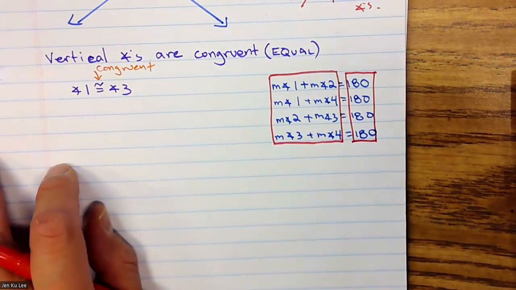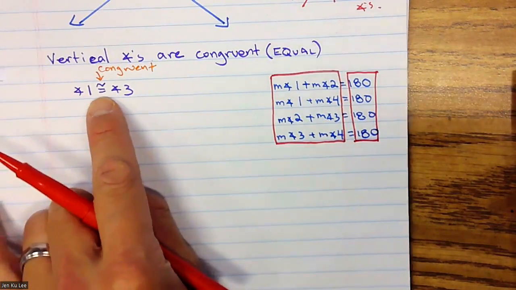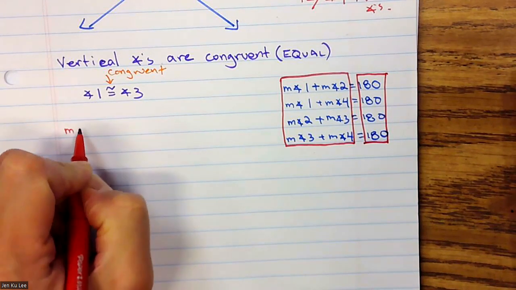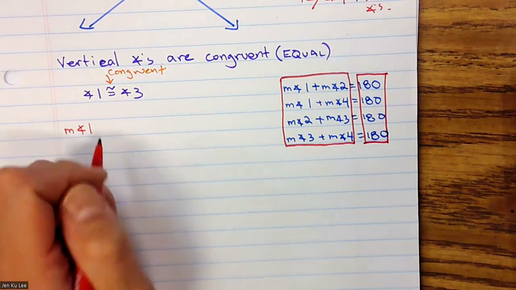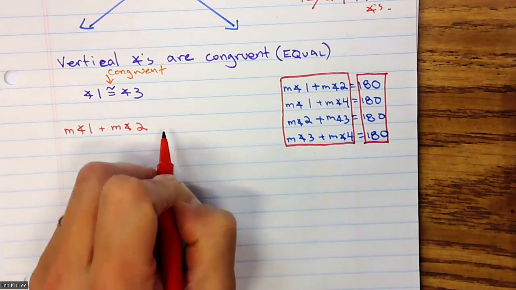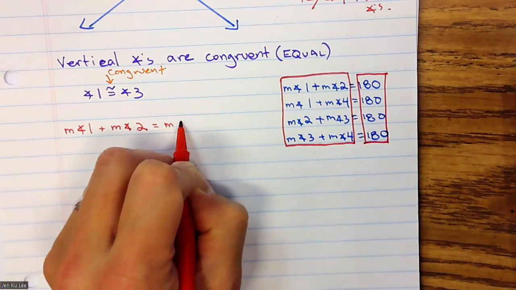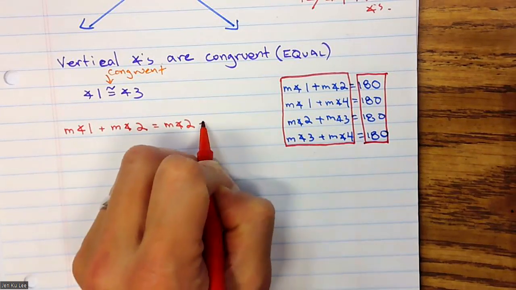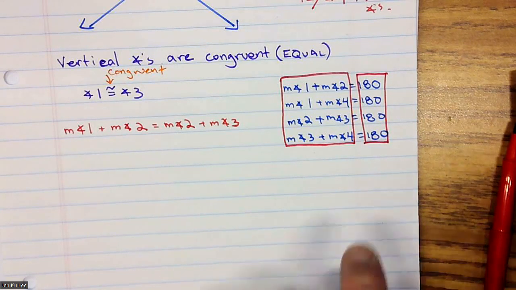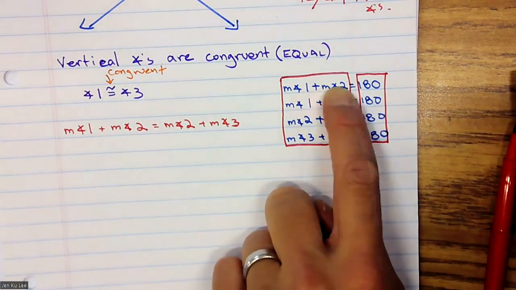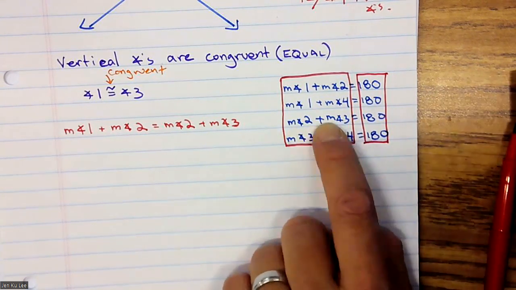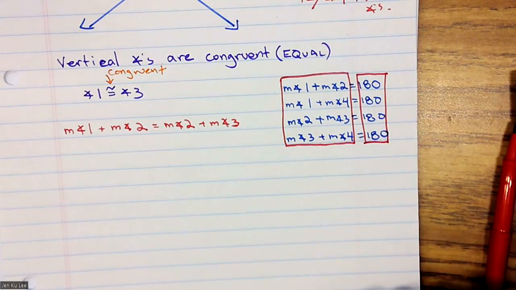So I'm going to take two of them that help me prove this. I'm going to get the measure of angle 1 plus the measure of angle 2 equals the measure of angle 2 plus the measure of angle 3. The measure of angle 1 plus the measure of angle 2 is the first line. The measure of angle 2 plus the measure of angle 3 is the third line. And they're equal to each other.